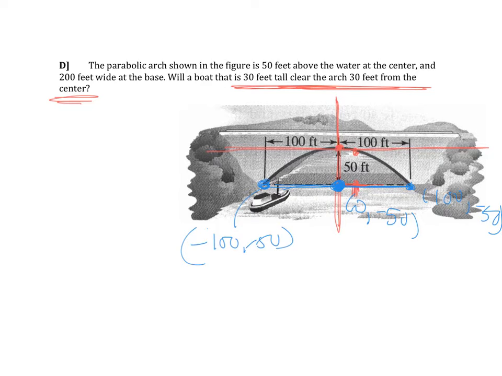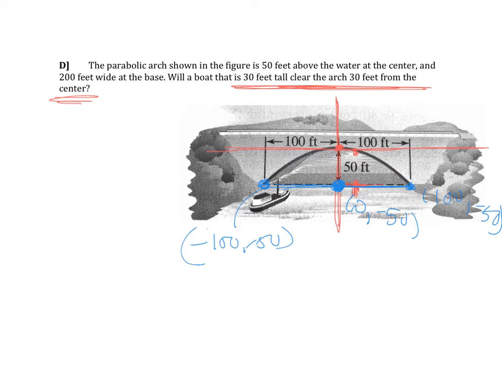So we're not really sure. So you're better off choosing a point. Either one of the endpoints here, the -100, -50, or the 100, -50, because if we choose 0, -50, it's not going to help us solve for p, because we're going to end up with a 0 situation.